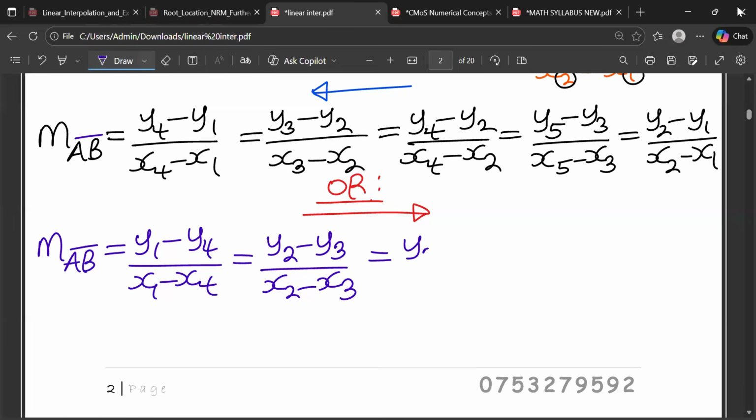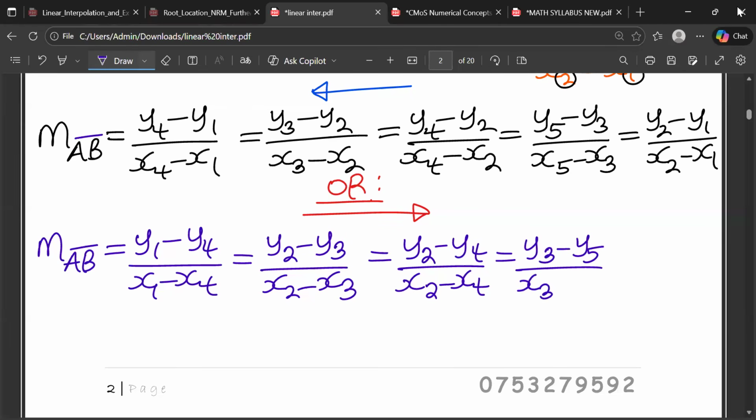Then y2 minus y4, then x2 minus x4, y3 minus y5, then x3 minus x5, y1 minus y2, then x1 minus x2, like that. That is considering that direction.